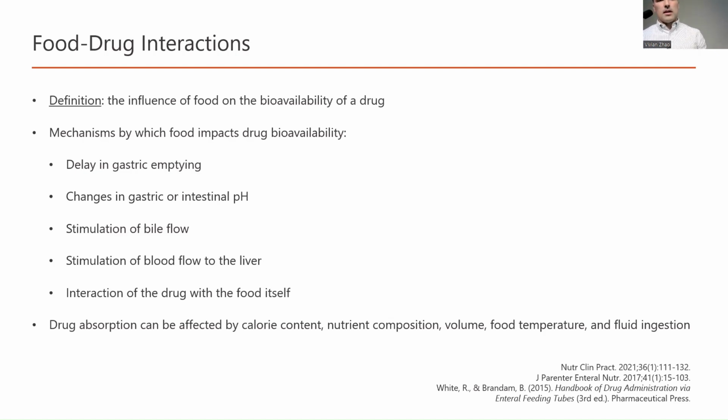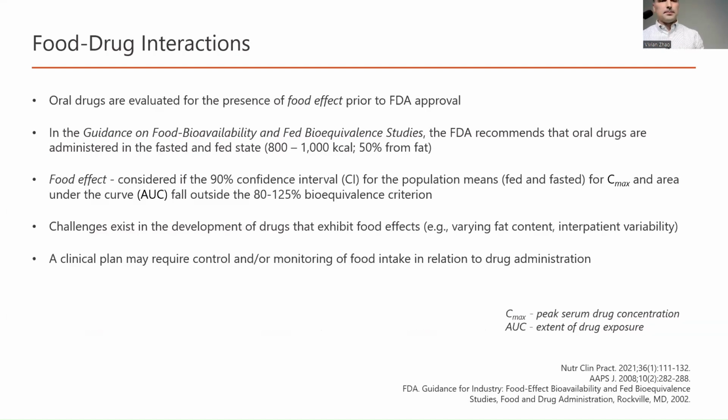For the pharmacists here, we can think of the impact on blood flow to the liver and first pass extraction as attributable to kinetics. Then we have the interaction of the drug with the food itself, where the drug will chelate with ions and potentially influence both absorption and ultimately drug bioavailability. Absorption of a drug can also be affected by the calorie content and nutrient composition, such as a low or high fat meal, volume, food temperature, as well as the amount of fluid ingested.